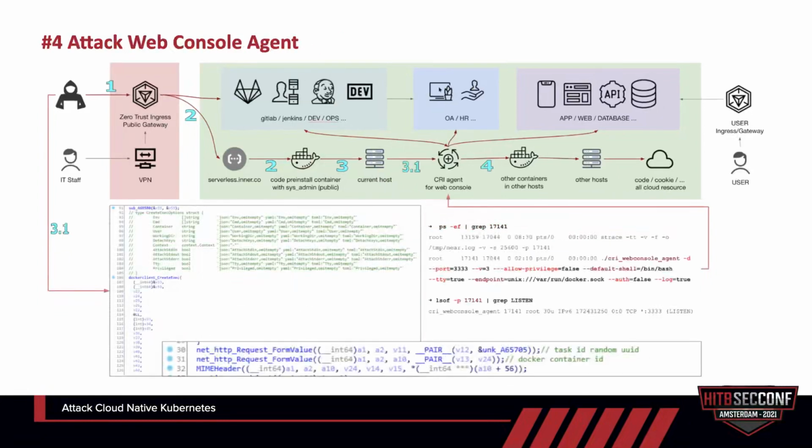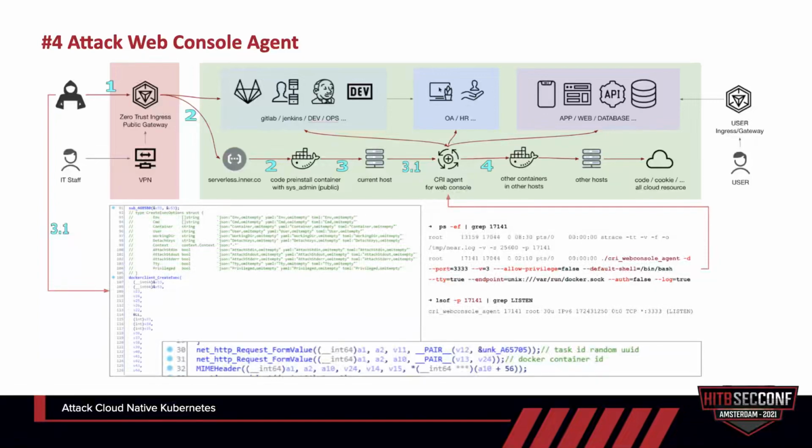Now we can access files and get a shell in the node server of the public container. We know that all agents acting on containers should run on the host, CDK containers, or daemon-side containers, with privilege.